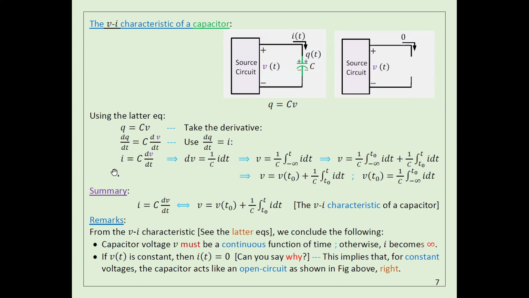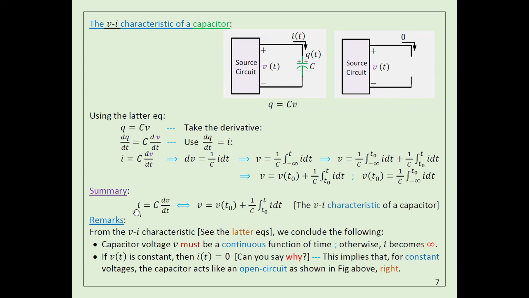It's almost the same thing, but this time it's between I and V. So here I can split this limit from negative infinity to t into negative infinity to 0, or t naught, the initial value, and t0 to t. The part from negative infinity to 0 will be the initial voltage. So the final conclusion: the relation between V and I can be calculated this way.